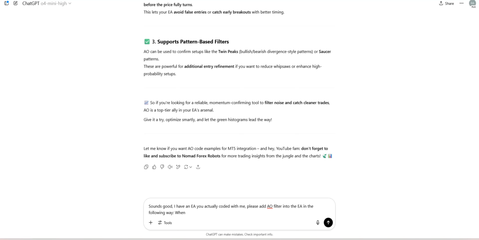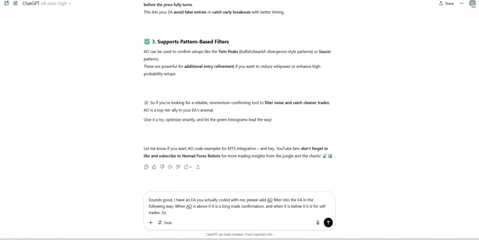When AO is above 0, it is a long trade confirmation, and when it is below 0, it is for sell trades.